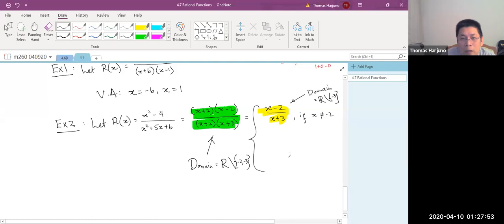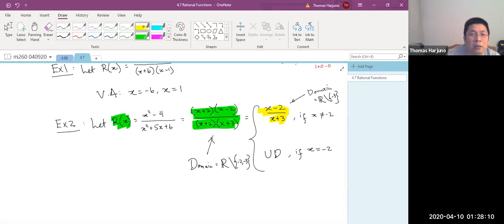Now, what happens if x equals negative 2? We know it should be undefined. The green one here is our R(x). The yellow one is what I call R star of x.